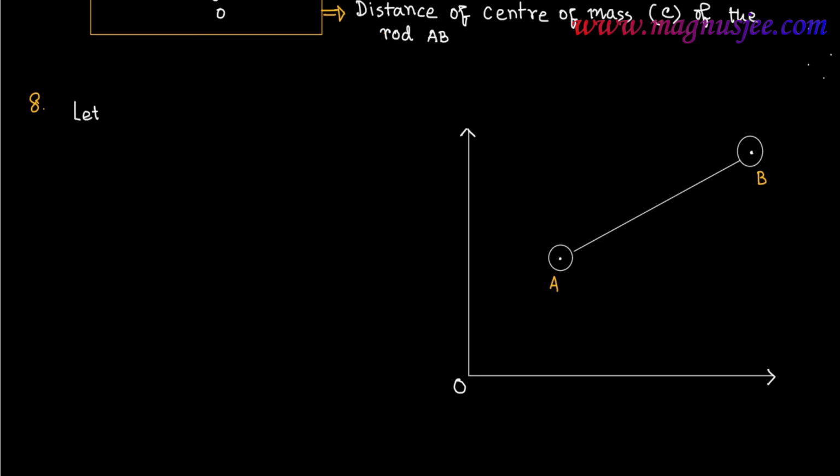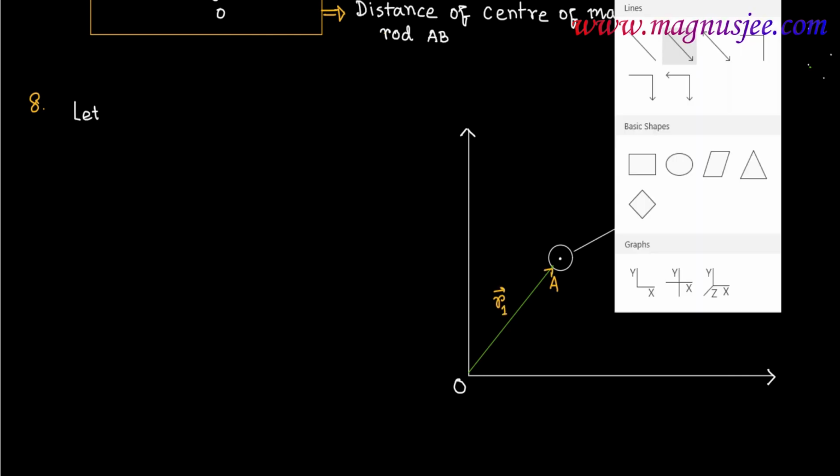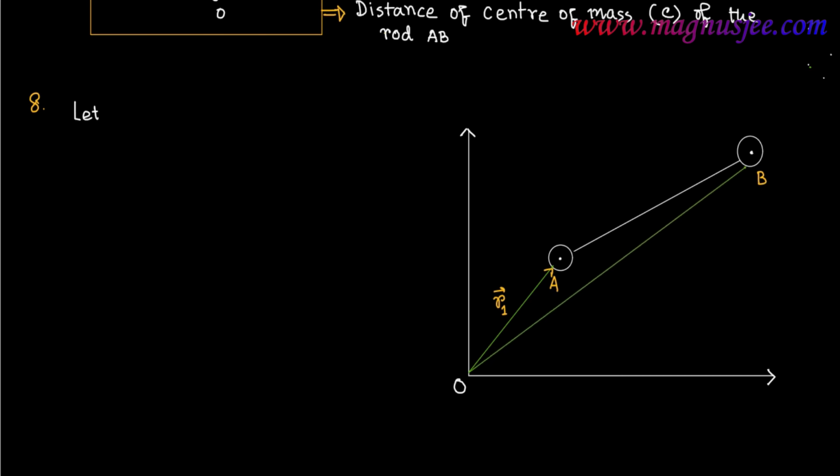Let the position vectors of these two particles be vector r1 and vector r2. If we connect O and A, that is vector r1, and if we connect O and B, we get the straight line OB, that is vector r2, the position vector of the particle of mass m2 from the origin.